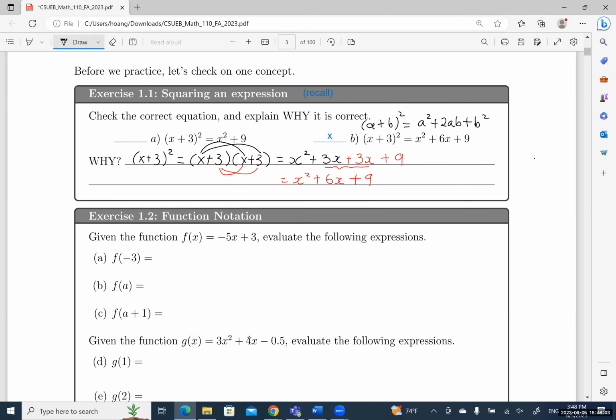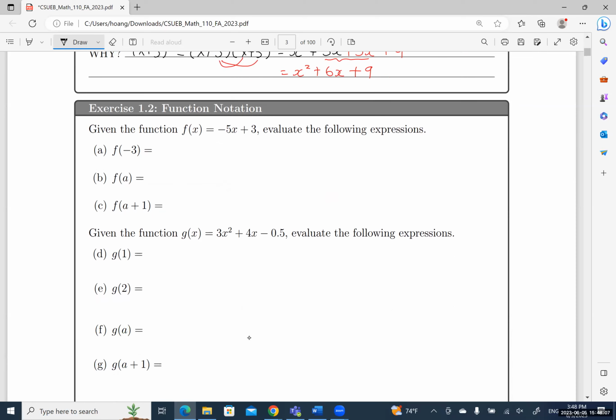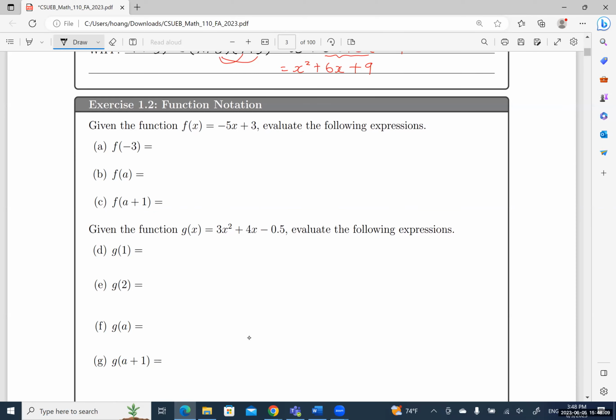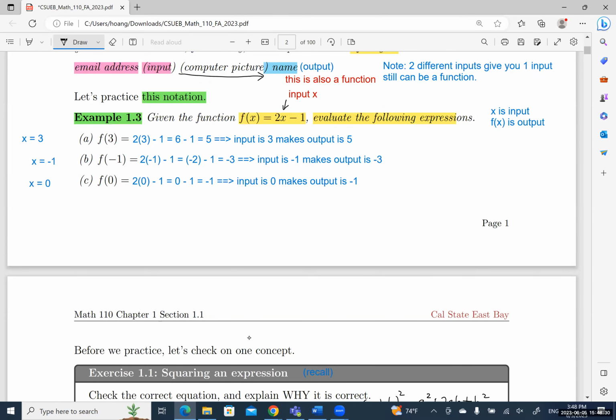So now we're going to go ahead and move to exercise 1.2. We practice more on evaluating a function. I did show you the way to do it in section 1.1, example 1.3 already.